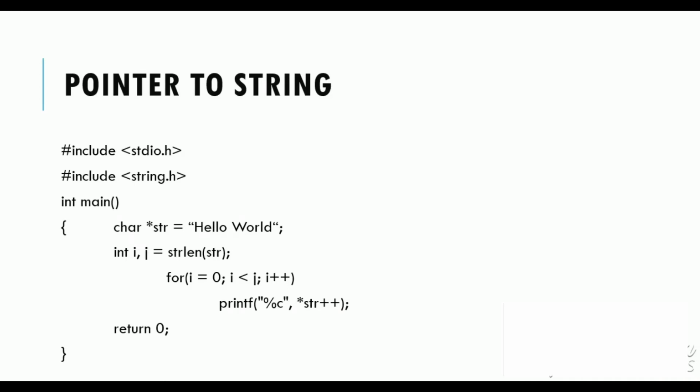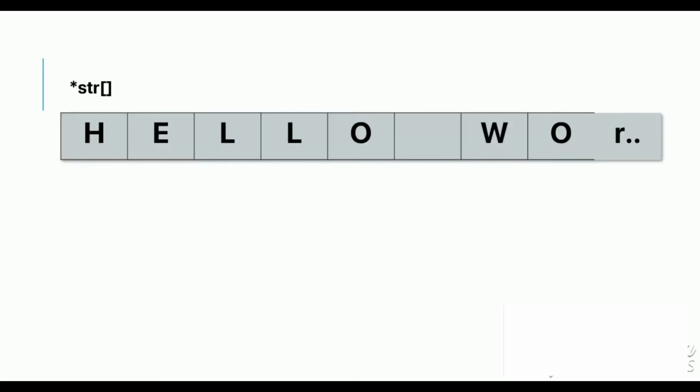Using the print statement, we are printing the string where hello world is stored in particular blocks. Let's see what these blocks are. You can see that hello world is stored in blocks where h is in one block, e in one block.